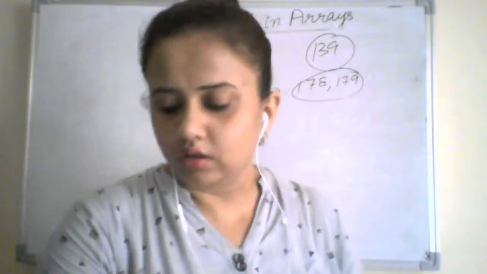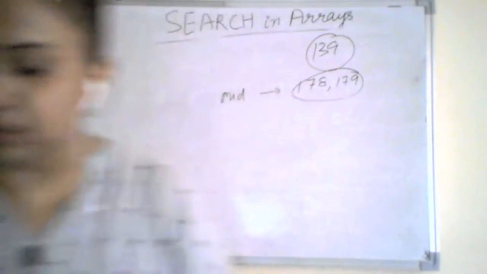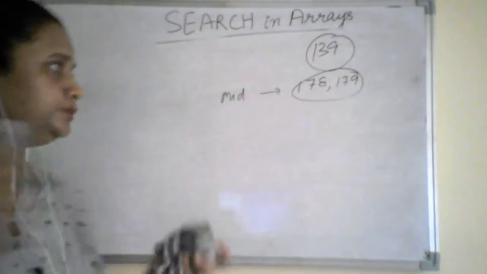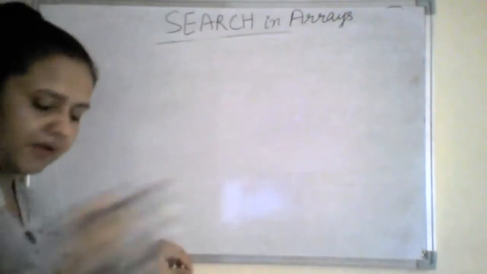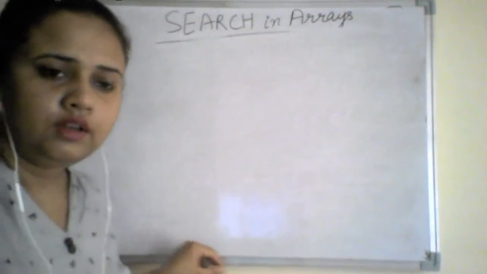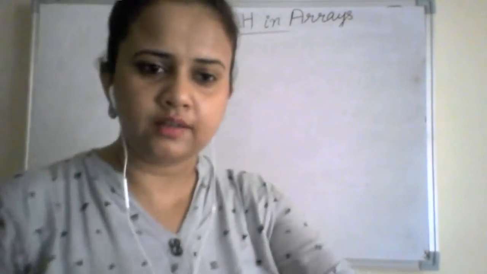In this case, you have seen a few very important things. What are those important things? When we were trying to find the page number, the page numbers are in a sorted manner.